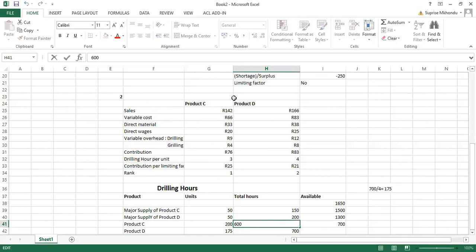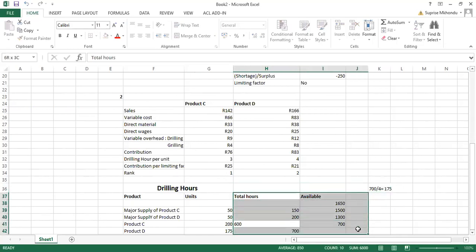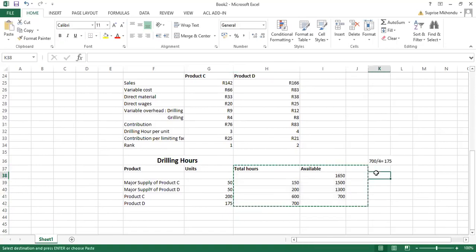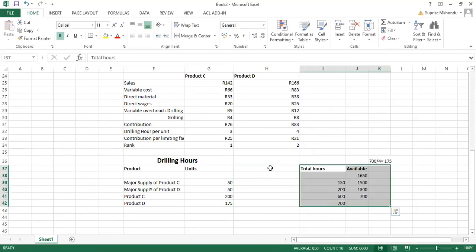Let me just type this out, cut and paste.